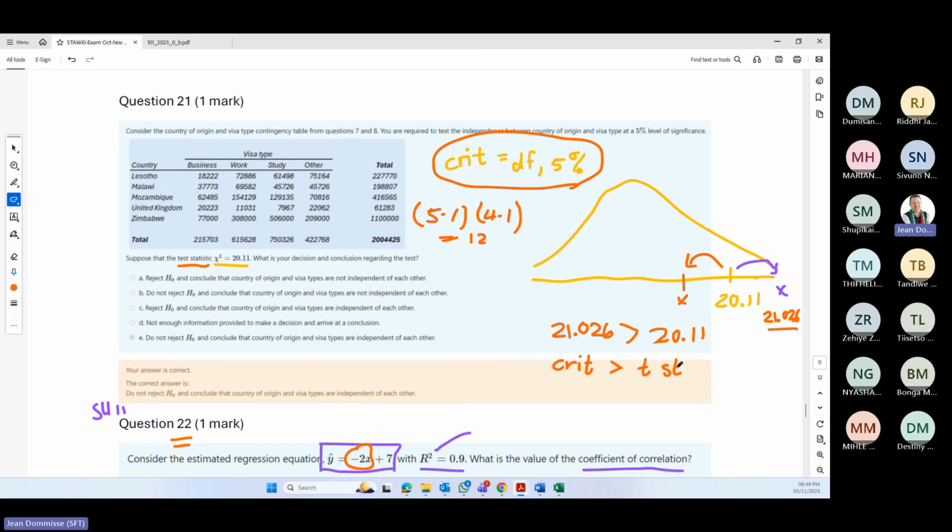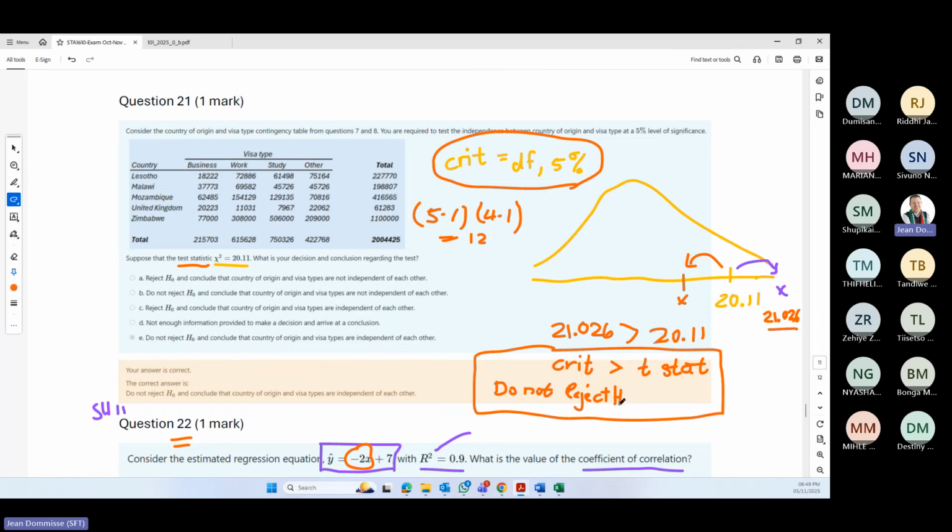Remember this component: if the critical value is bigger than your t-stat, so the t-stat is lying within, we do not reject the null hypothesis.